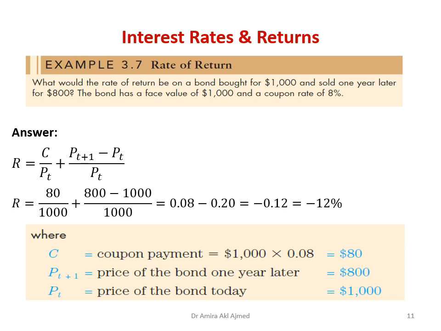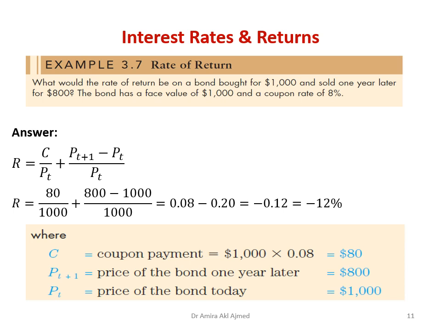Let's consider example 3.7 in your textbook. In this example, you are asked to compute the rate of return of a bond given that this bond is purchased for $1,000 and sold for $800 1 year later.